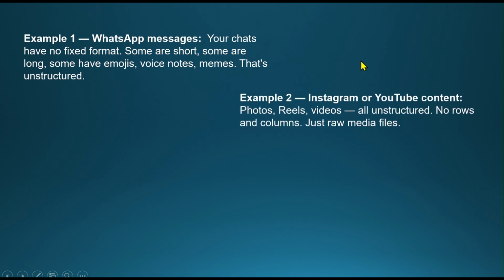Now a few examples of unstructured data are WhatsApp messages. Your chats do not have any fixed format. Some are short, some are long, some have emojis, voice notes, right? Then your Instagram or YouTube content. Randomly you upload reels, you upload videos. Again, it's unstructured, no rows and columns, just media files.